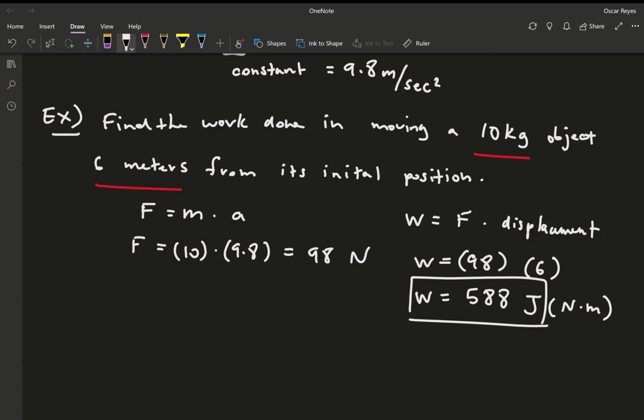Okay, so let's look at another one, and let's start getting into some of the more applicable problems.